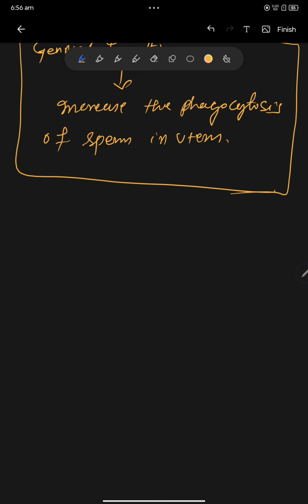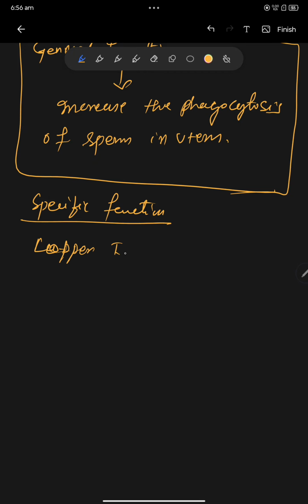Now let us see what are the specific functions. The first one, let us take copper IUDs.